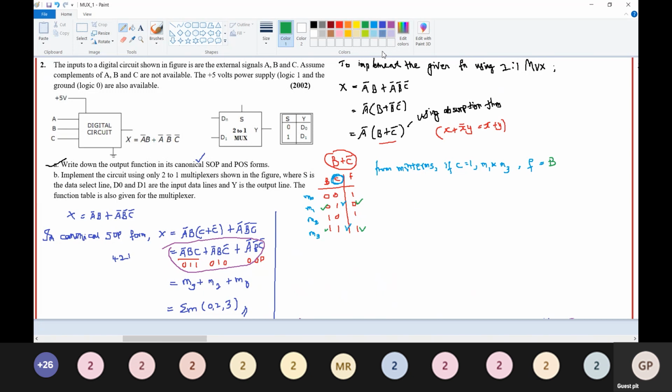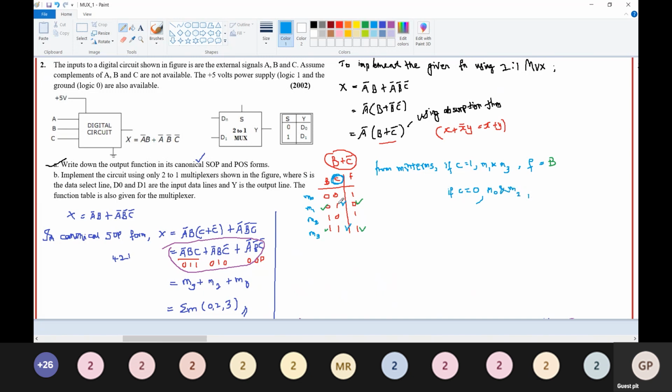And similarly, when C is equal to 0, these are min term 0 and min term 2.